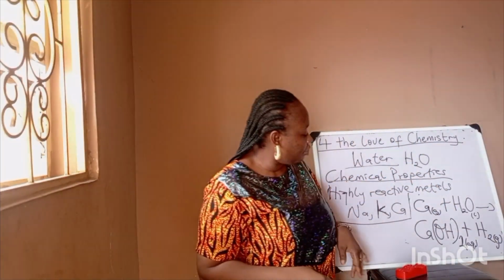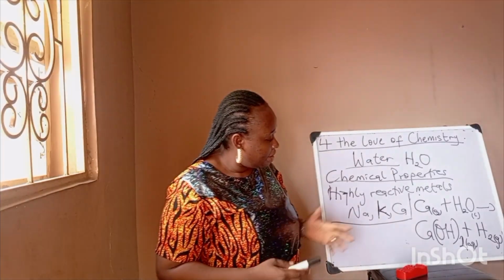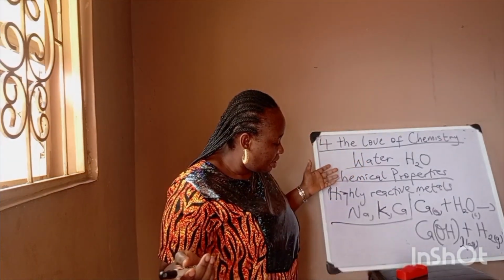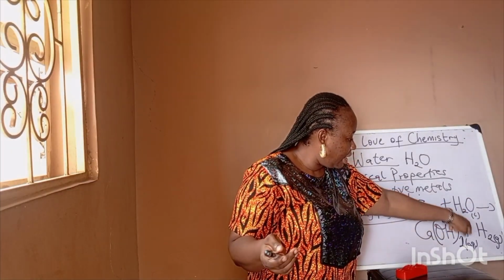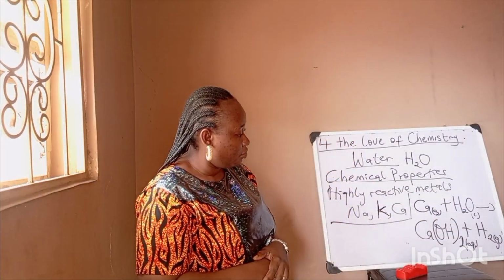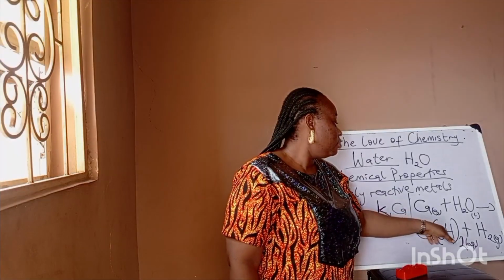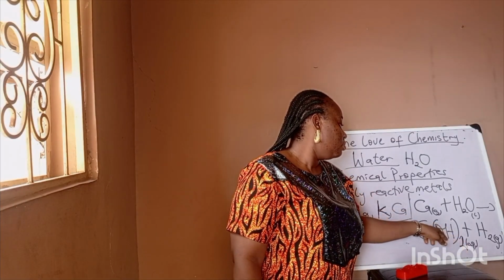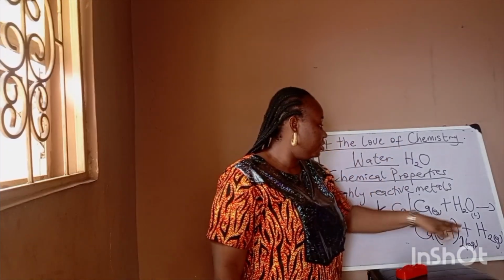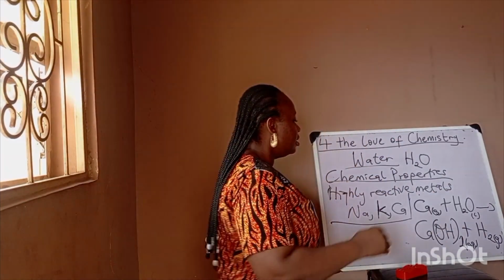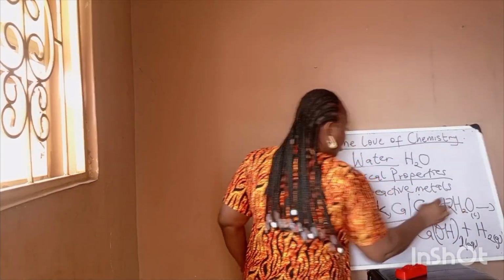So how do we balance the equation? Let's see if it's balanced. Calcium, calcium, 1 oxygen, 1 oxygen, 3 hydrogen, 2 hydrogen. Oh, sorry, not 1 oxygen, 2 oxygens, sorry. 2 oxygens, 2 hydrogen plus 2 hydrogen, that's 4 hydrogen and 2 here. So let's put 2 here and see what happens.